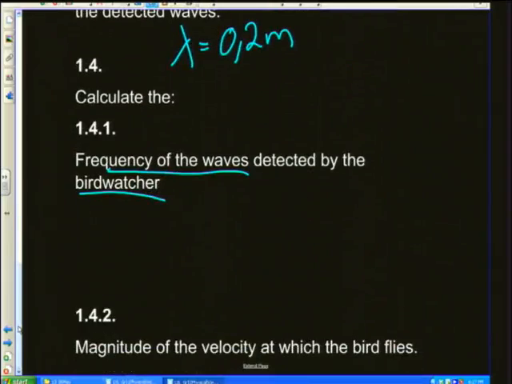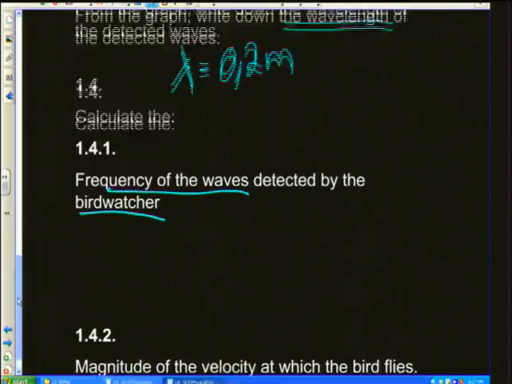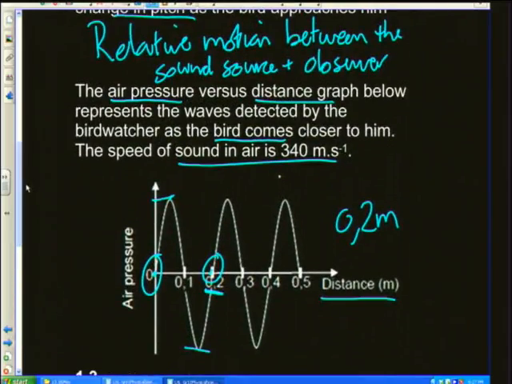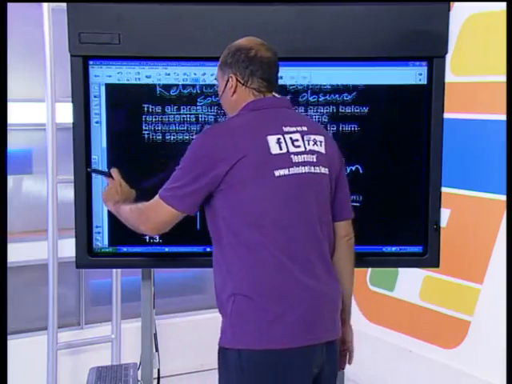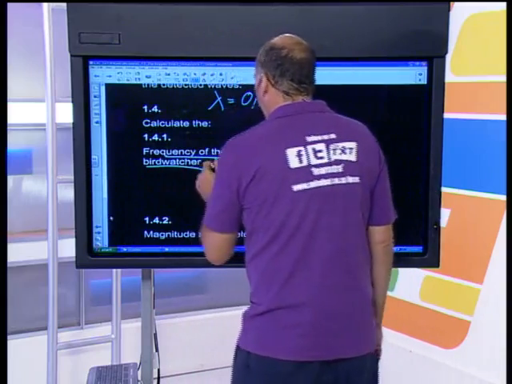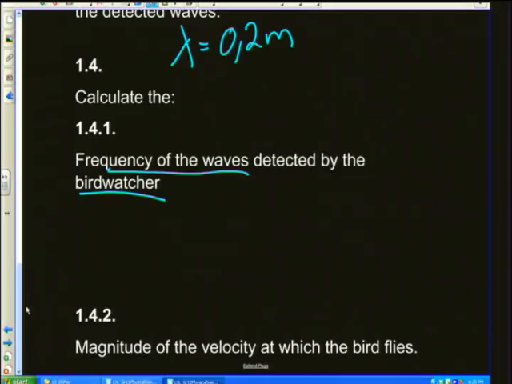Now, if we look at the frequency, we're told here that the speed of sound in the air is 340 meters per second. We know the wavelength. And you should remember that velocity is equal to frequency times wavelength.